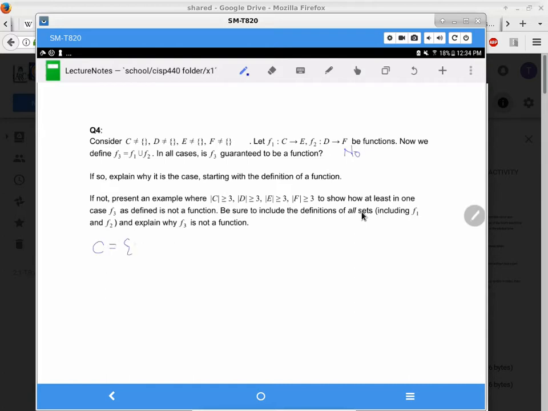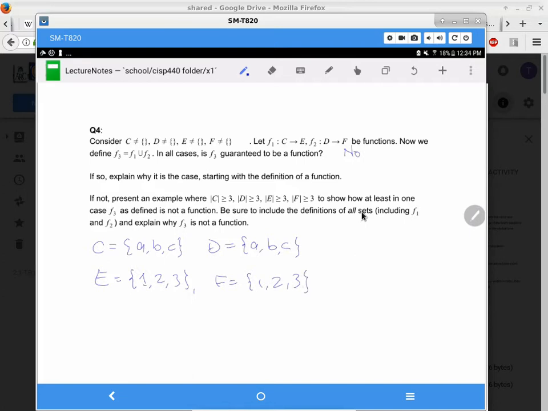So let's say C is {A, B, C}, D is also {A, B, C}. Okay, we'll define E to be {1, 2, 3}. We'll define F also as {1, 2, 3}.